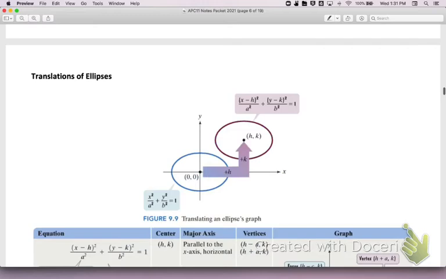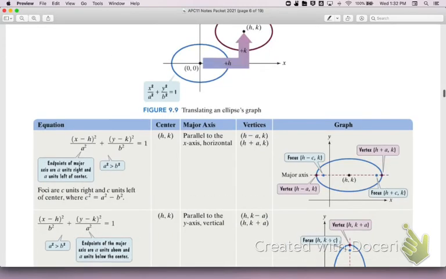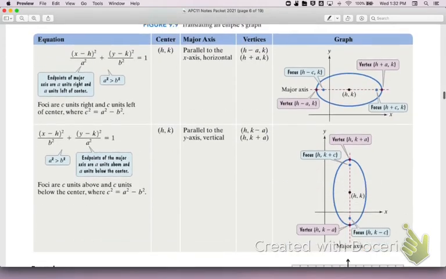Let's talk about if the center moves. Really, the only thing that changes is the HK, just the way that it does on a circle, okay? So H and K will give us the new center, but all the other rules are the same. Now, to find our ordered pairs, this is where it gets a little bit trickier.